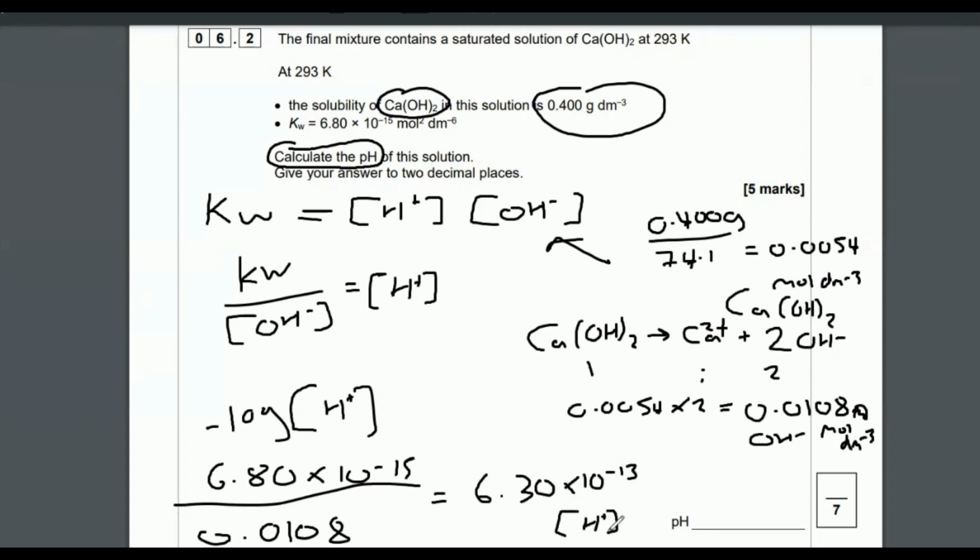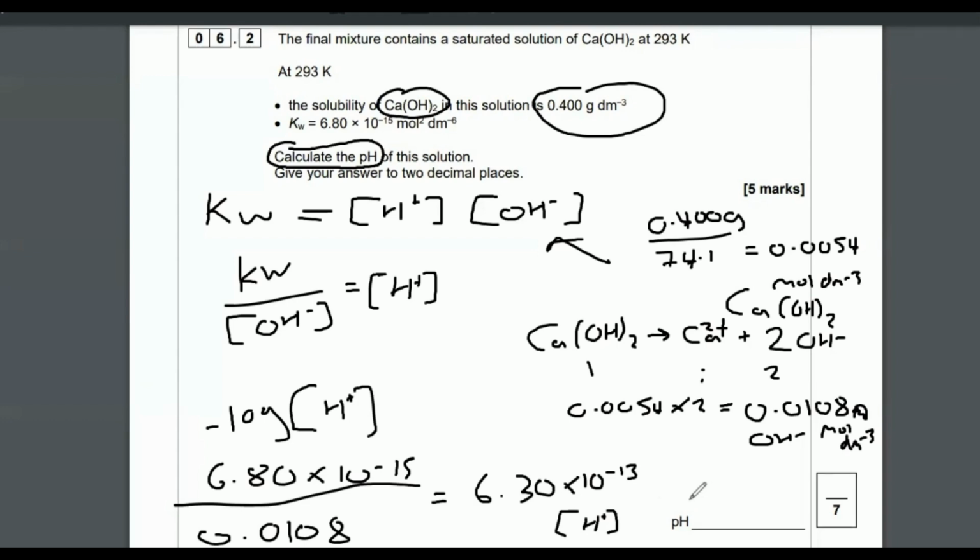Now we need to pH that. So we're going to go minus log this thing up here. So let's minus log it. Start again. Let's go minus log answer equals.